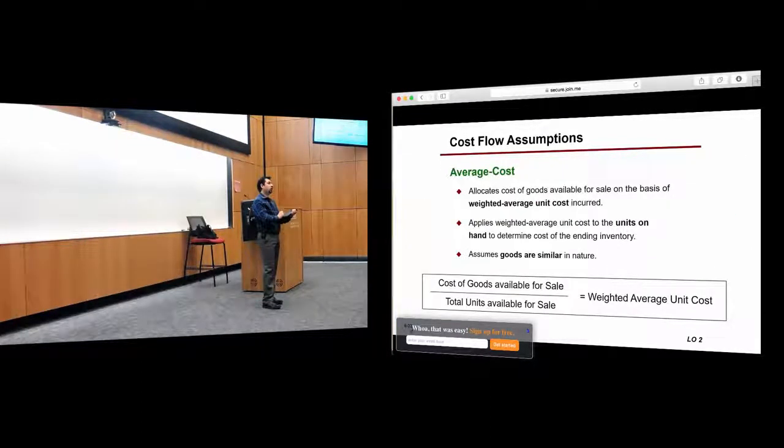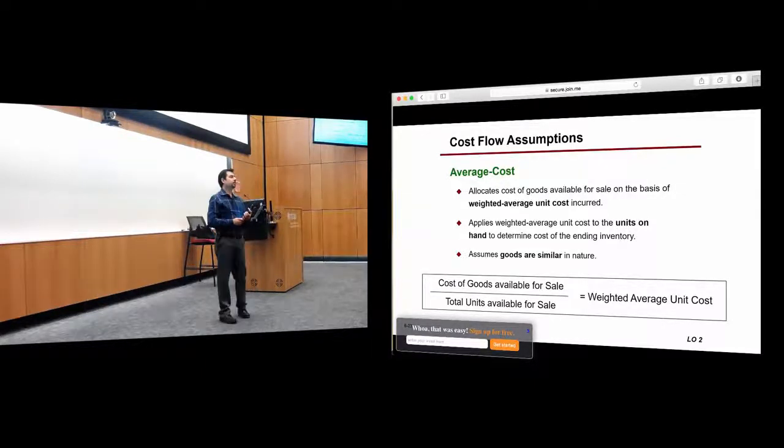Now, the average cost, we said that this is a weighted average. Basically, you calculate the total cost of goods that you have in your warehouse. This is the cost of goods available for sale. In our example, it was 12,000, and we divide that by the total number of units available for sale.